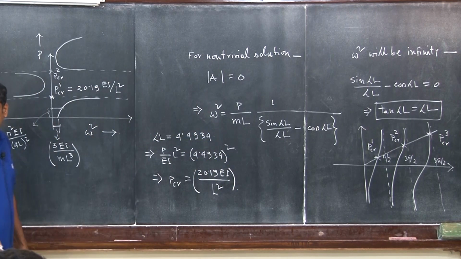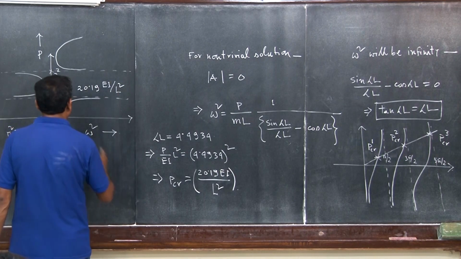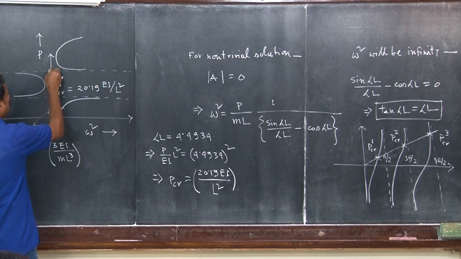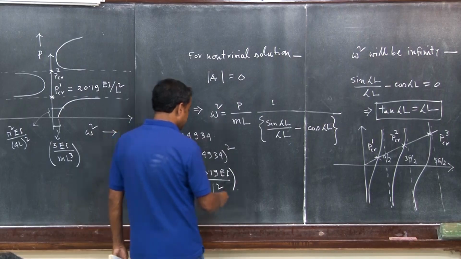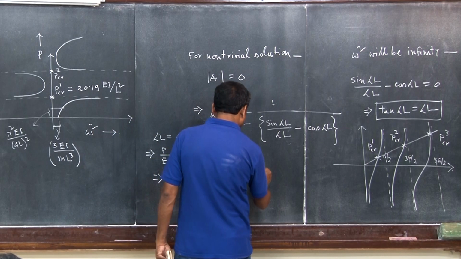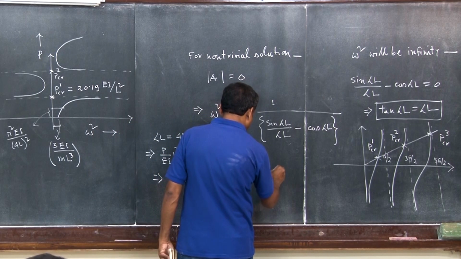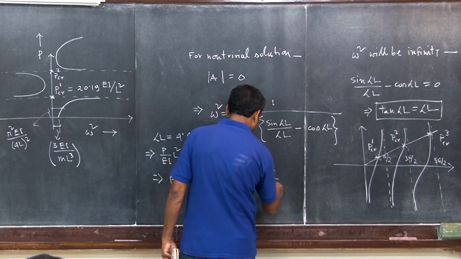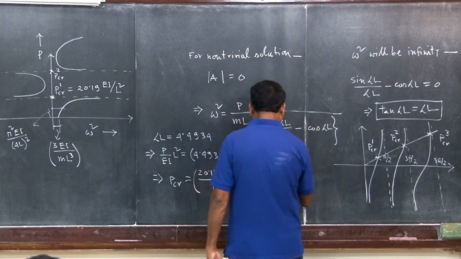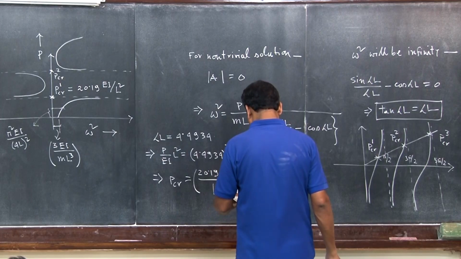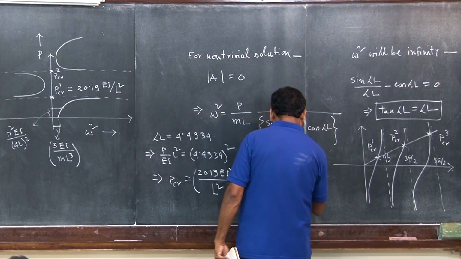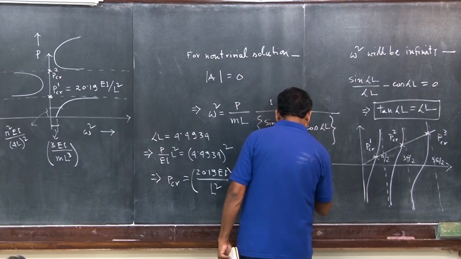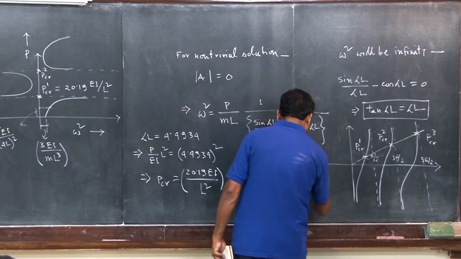That is the value. Similarly, the second critical load also you can find out. Now, don't you think this is much greater than π square EI by 4L square? How much is that? π square EI by 4L square is nothing but 2.4649 EI upon L square, right?